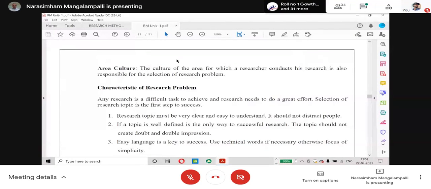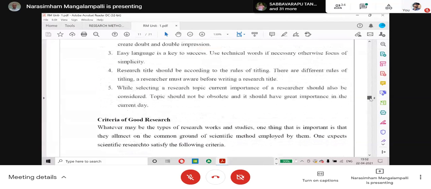What are the characteristics of a research problem? So you can refer to them on page 11 of the notes which I have sent today.